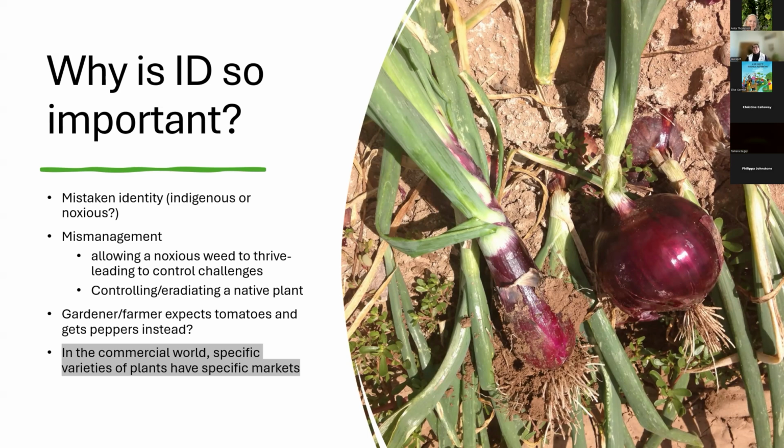Now, again, this may not be a big deal in some communities, but in this particular commercial setting, this particular grower was set to lose hundreds and hundreds of thousands of dollars because the market in Mexico would not accept this torpedo shaped onion and would only accept the globo shaped onion. So again, reasons that identification is really, really important.